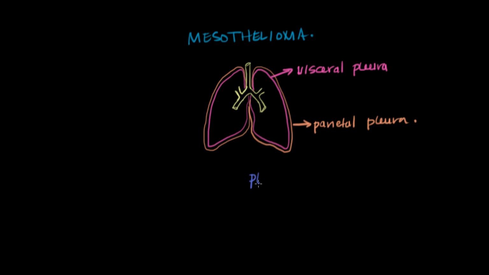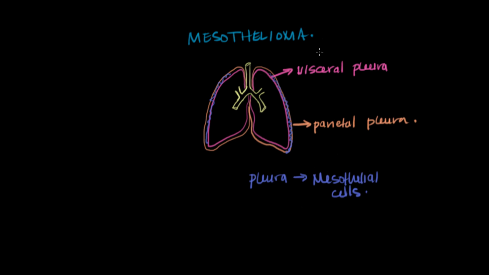Now, the pleura, or the lining of the lung, is made up of cells called mesothelial cells. And mesothelial cells have a really important function. They secrete a fluid that comes in between these two layers of the pleura. This fluid is really important because it reduces the friction between the two layers of the pleura. And mesothelioma is a cancer of mesothelial cells.